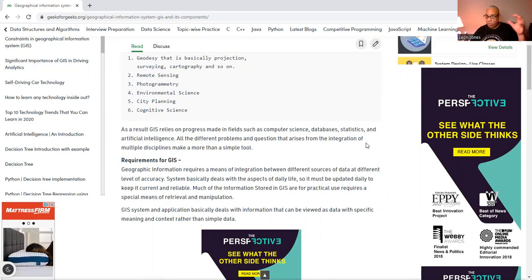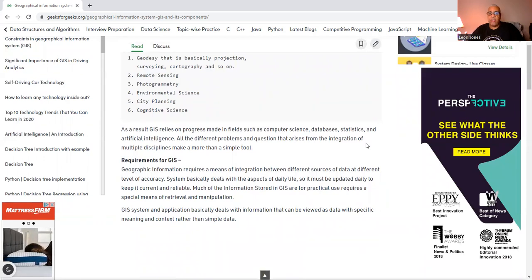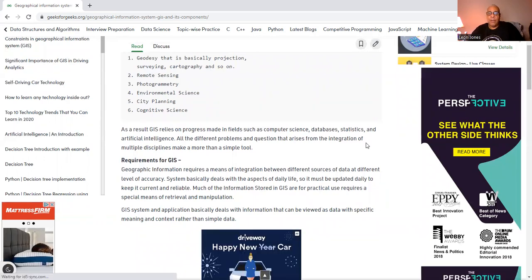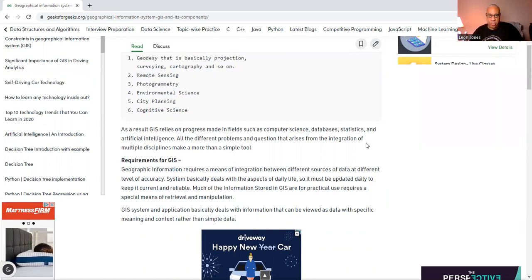That's why it's interdisciplinary. It deals with computer science, databases, statistics, and artificial intelligence. Now, all the different problems and questions that arise from the integration of multiple disciplines make GIS more than a simple tool. Now, what are the requirements for GIS?